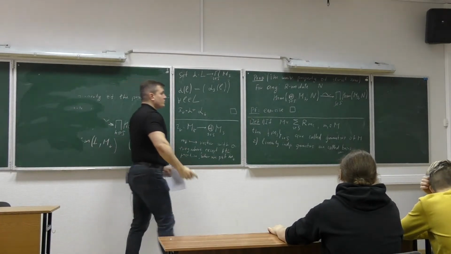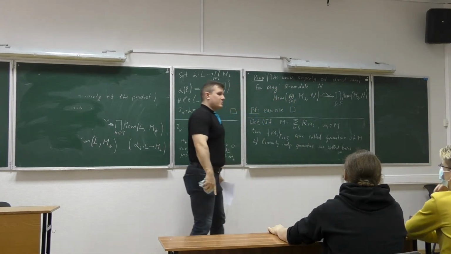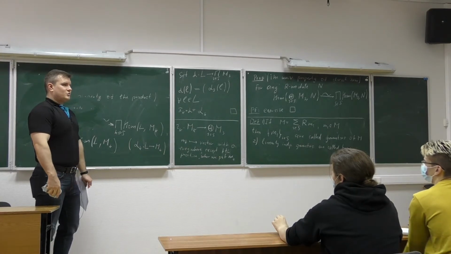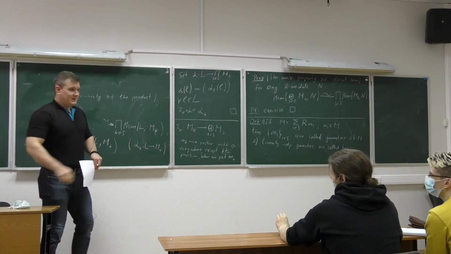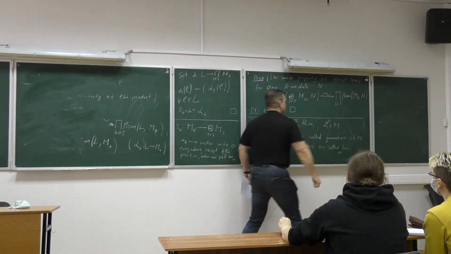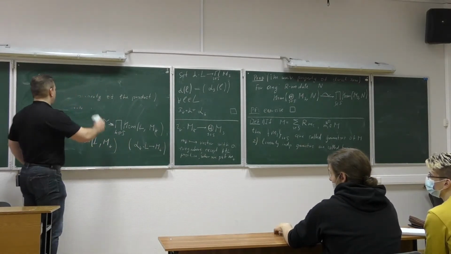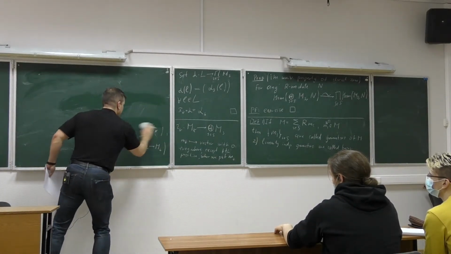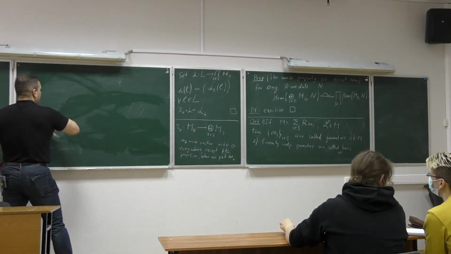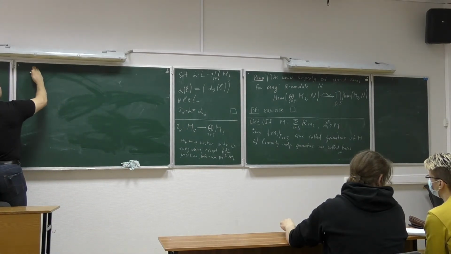So give me an example of a module for simplicity with just one generator, but this generator doesn't form a basis. Maybe zero? No, zero is never a generator. So Z quotient by n. That quotient by what? By some n. Yeah, that's an example, because it is generated by one element and is not independent.